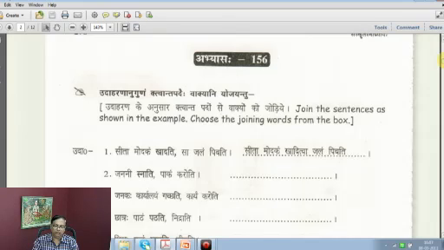Janani snati pakam karoti. Snati is a verb we have already come across, bathes. Mother bathes and does the cooking. Pakam karoti. After taking the bath, mother cooks or does the cooking. Janani snatva. So we have here the second verb.